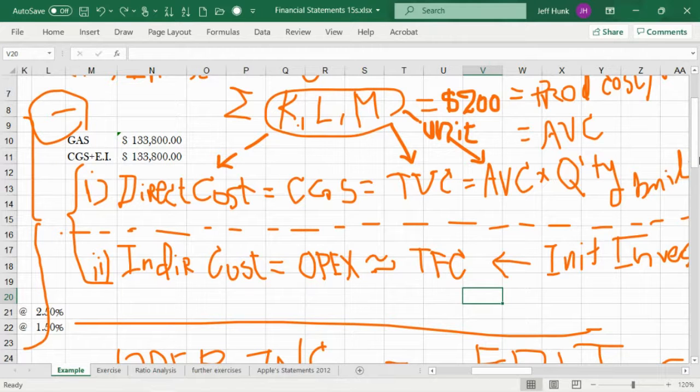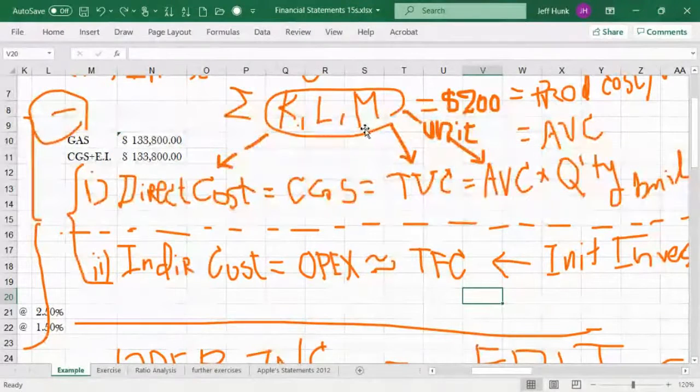You have to produce 20,000 units. If you double the production, all the inputs must double. The raw material must double, labor must double, capital usage must double.